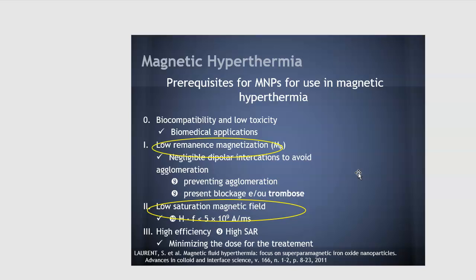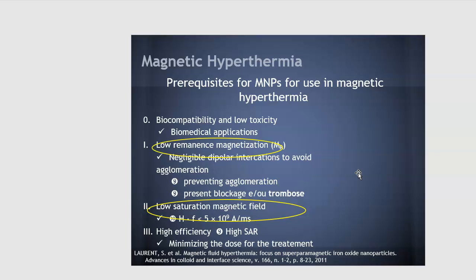Second thing is low remanence magnetization. So what is the advantage if we have low remanent magnetization in the magnetic nanoparticle? Then it has negligible dipolar interaction.